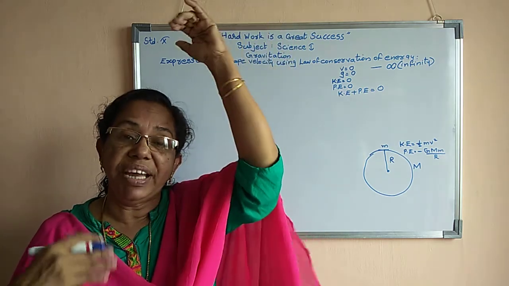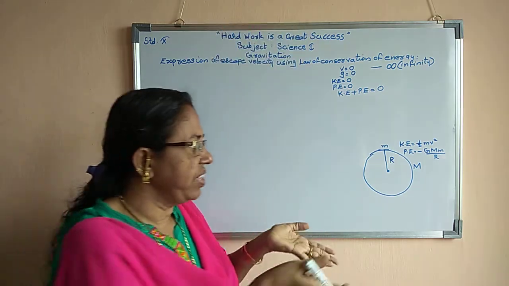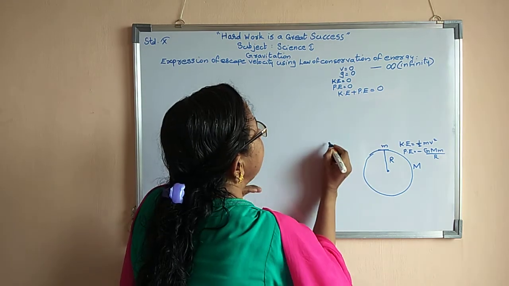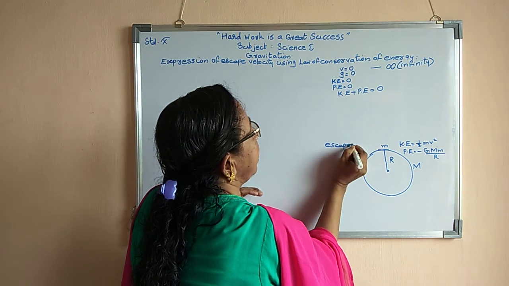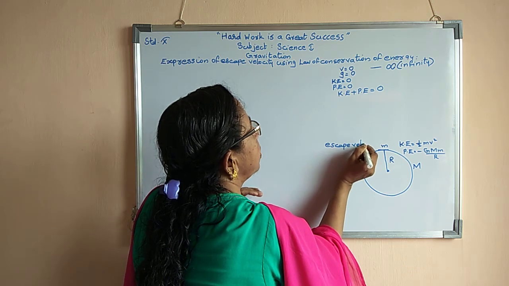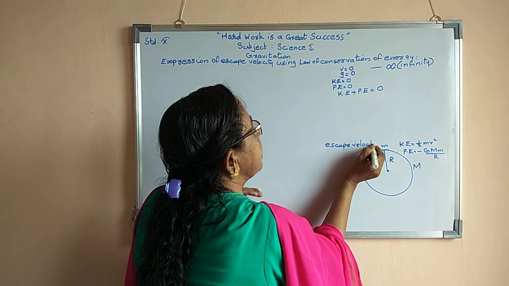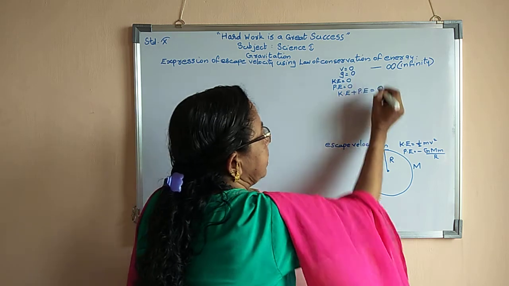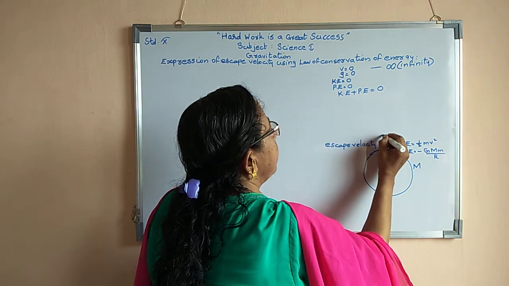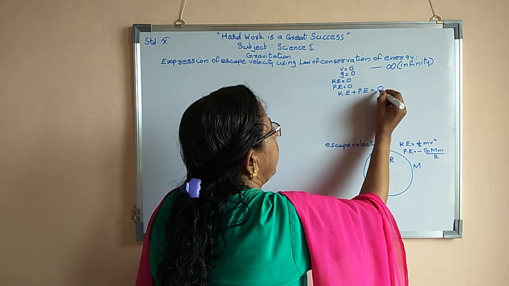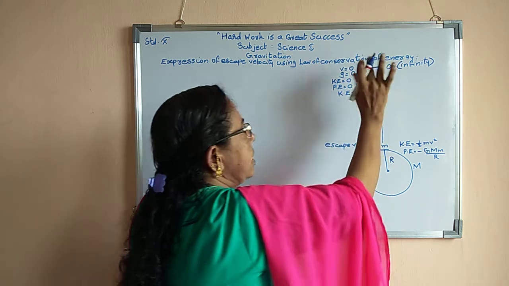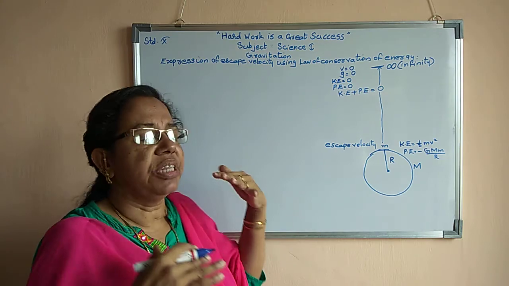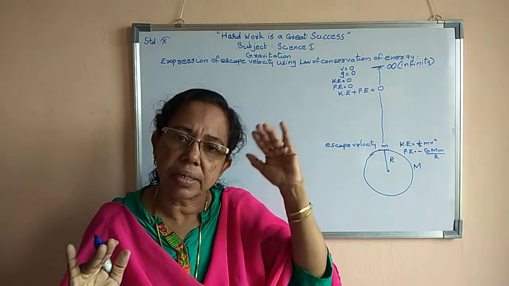So the total energy possessed by the body when it is reaching infinity, when we throw the object with the escape velocity: the object reaches a certain distance from here. The object is going and it is reaching this particular place. Here it rests without any movement, it remains there.